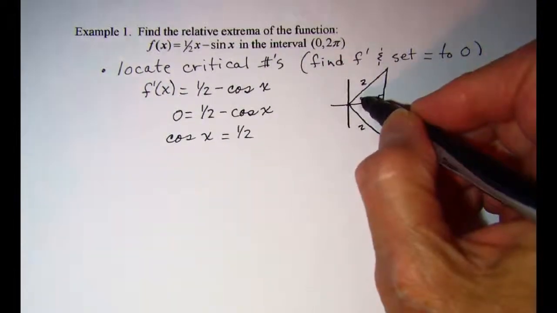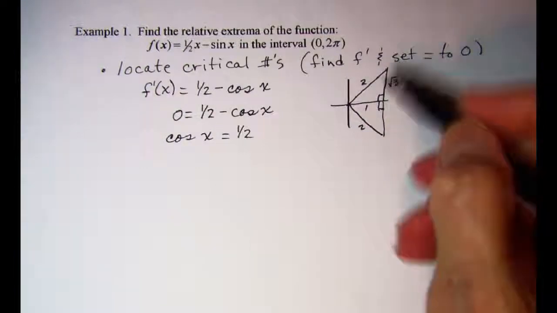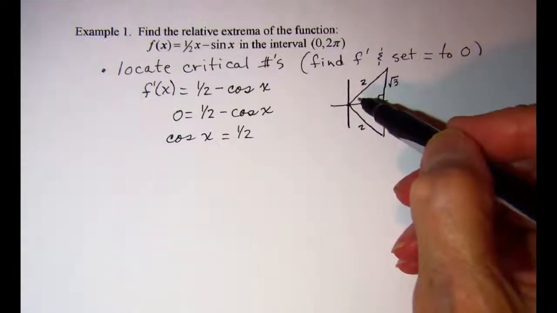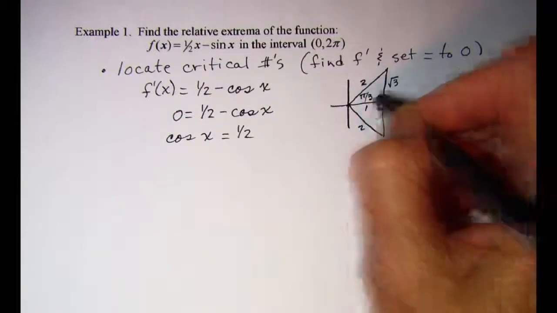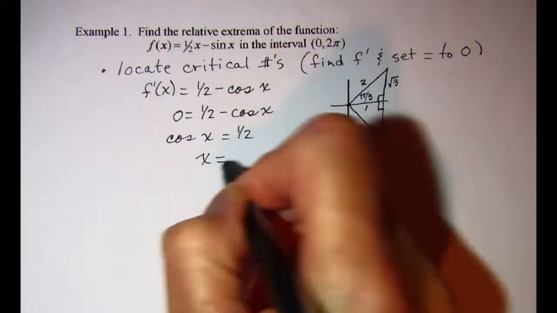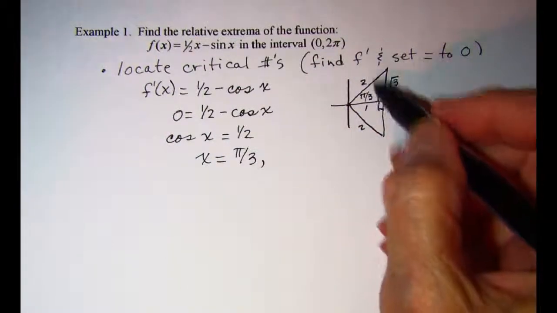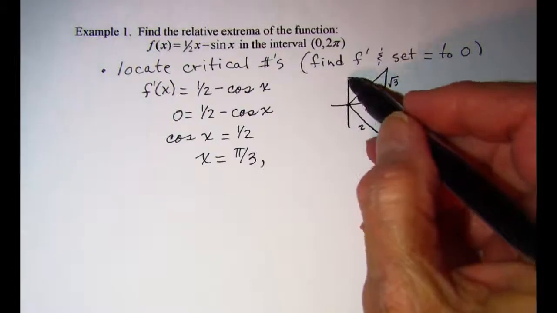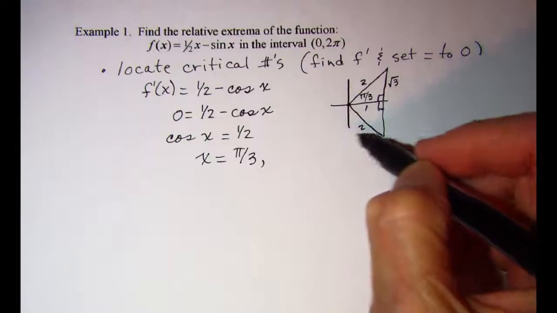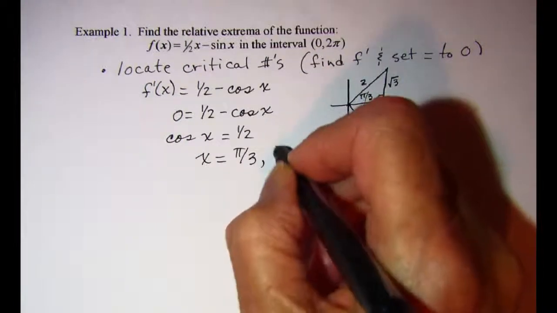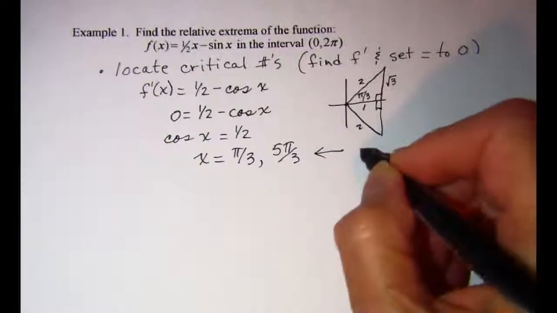My reference angle is going to be pi over 3, so x equals pi over 3, and then all the way around: 1 pi over 3, 2 pi over 3, 3 pi over 3, 4 pi over 3, 5 pi over 3. These are my critical numbers.